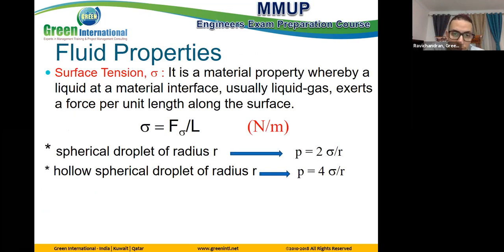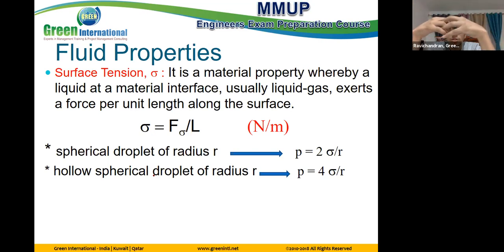One property not studied before is the surface tension. What is surface tension? The symbol for this one is sigma. It's the material property of a liquid at a material interface, normally between liquid and gas, that exerts a force per unit length. For any liquid, the molecules on the surface create forces in the surface.